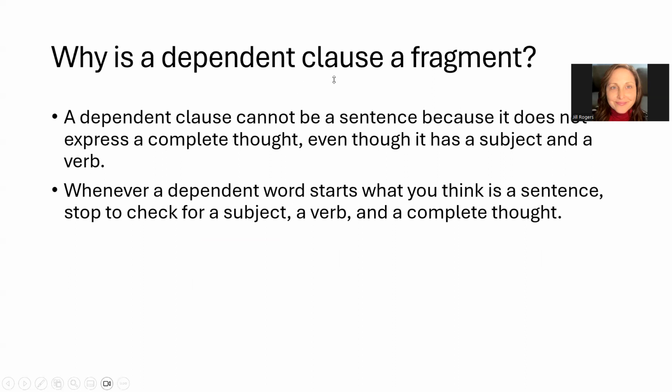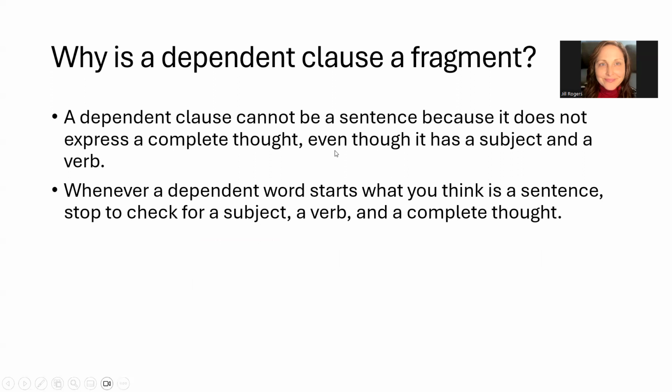So why is a dependent clause a fragment? It just cannot be a sentence because it does not express a complete thought, even if it has a subject and a verb. But because that dependent word is there, your thought is not completed. Those dependent words should be linking an independent clause to a dependent clause.